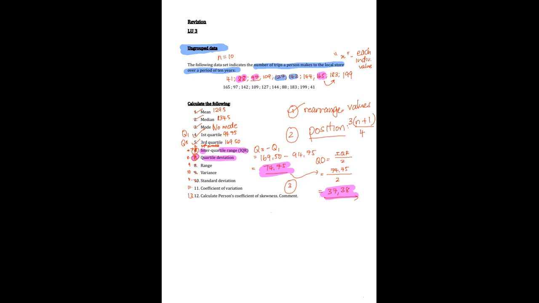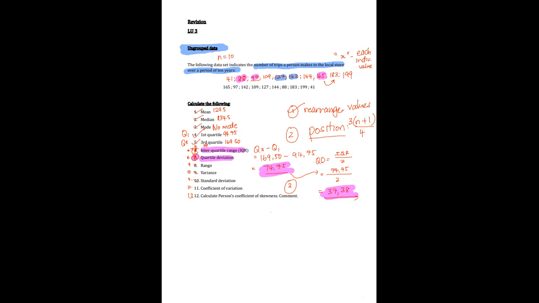Okay, so the 59th percentile. Now, what do we mean by this? So let me just highlight that. Okay, so what do we mean by this? It is the 59th percentile.